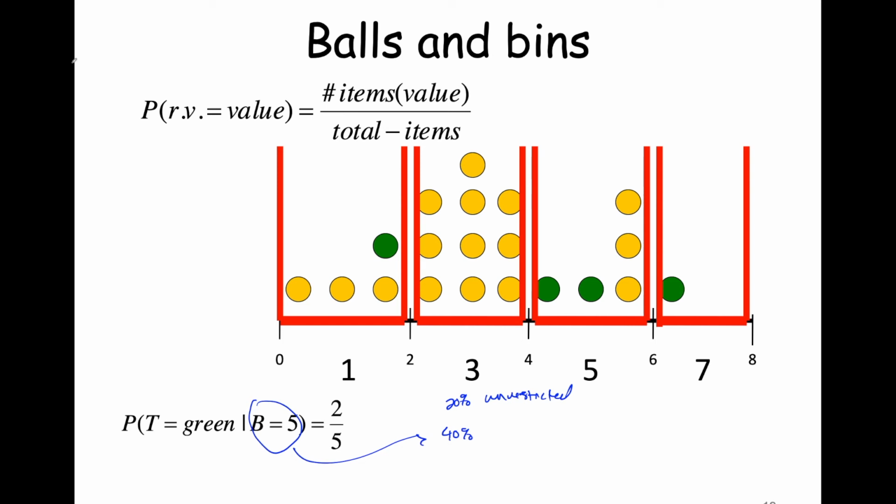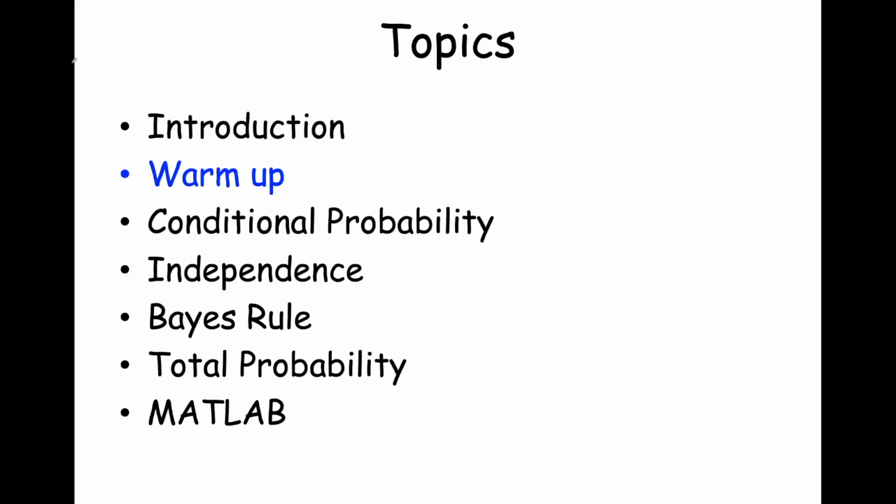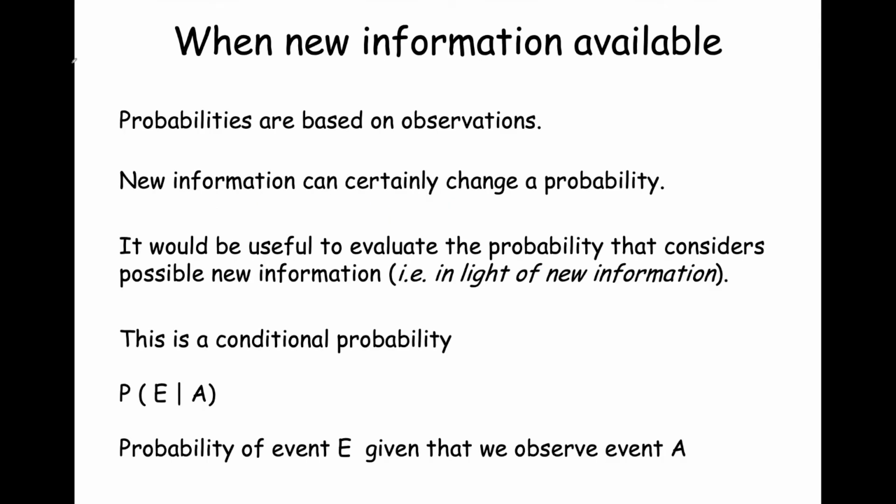Okay, so let's continue on and take a look at our conditional probability. So when new information arrives, we know that probabilities are based on observations, and new information can certainly change a probability. And so it'd be useful to be able to express the evaluation of a probability that considers different possibilities of new information.